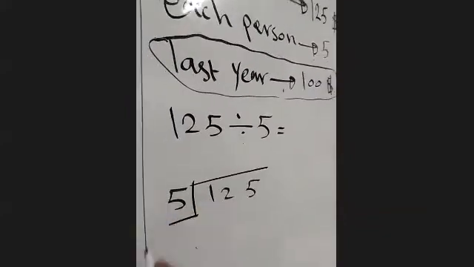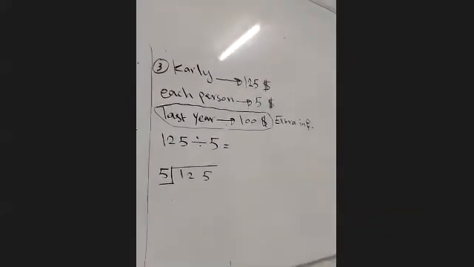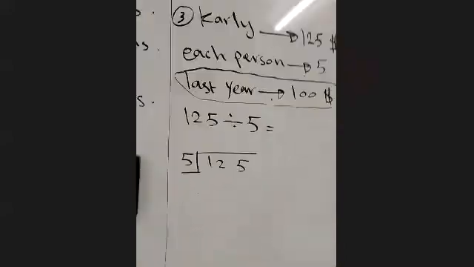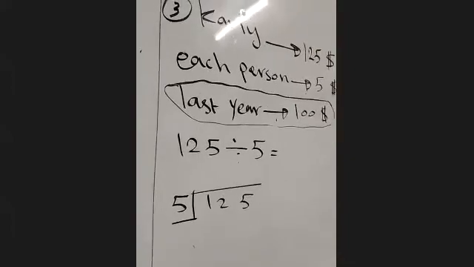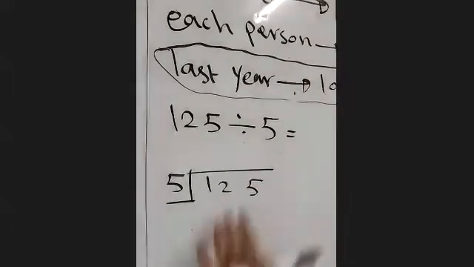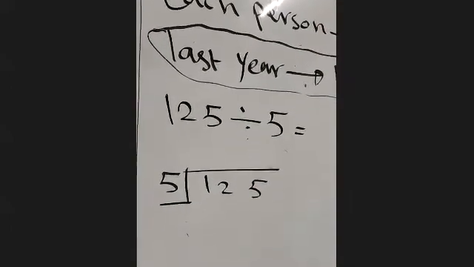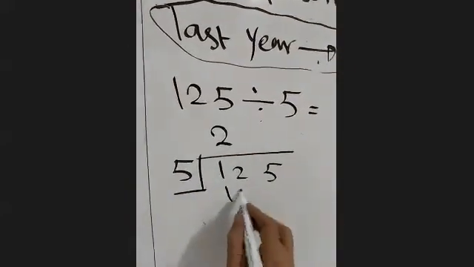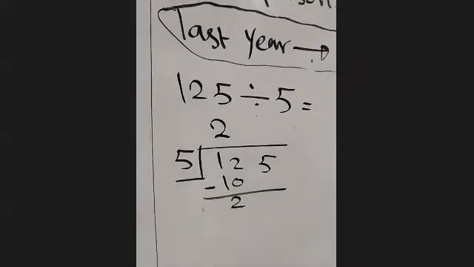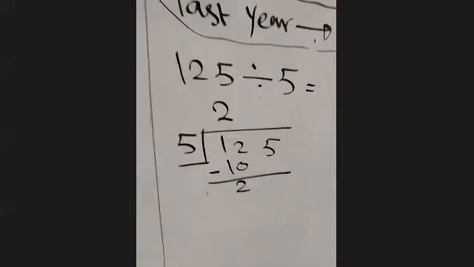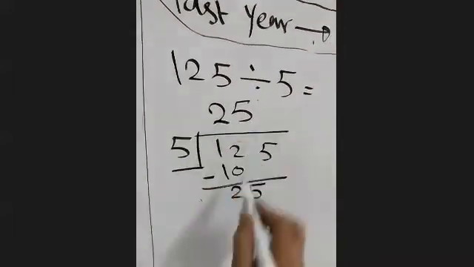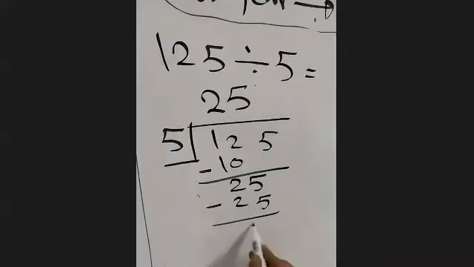125 divided by 5. Help me here, Jalal. First thing, 1 divided by 5, we can take 12 divided by 5. How do I divide? Put 2 up, then put 10. 2 times 5 is 10. Subtract, 2, then bring the 5 down. 25 divided by 5 is how much? 5.